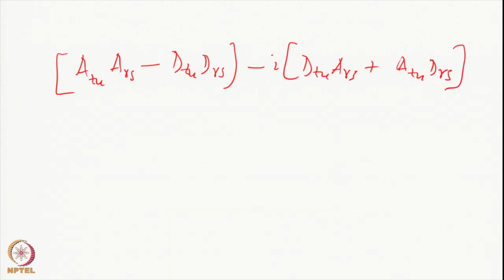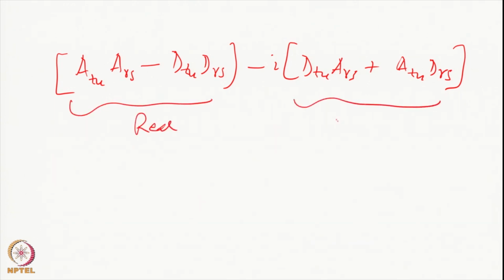So, you have the absorptive line shape, and the first part is the real part and the second part is the imaginary part. We are going to collect the real data. If you collect the real data, you will see it is a mixture of ATu ARs minus DTu DRs, and this results in a mixed line shape.